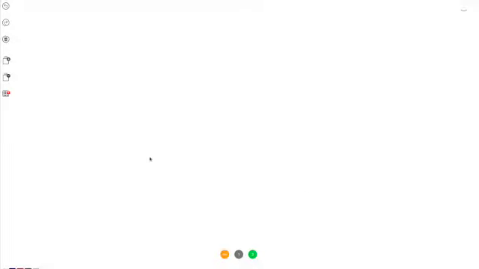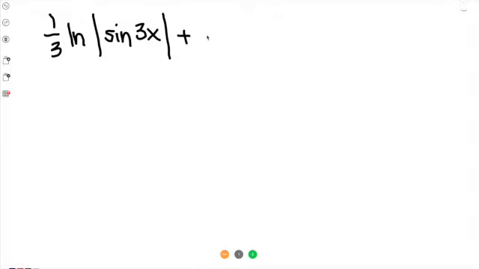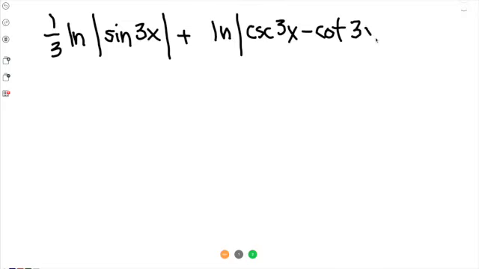So now writing the answer, we have 1/3 from the first integral, ln of the absolute value of sine 3x, plus the ln of cosecant 3x minus cotangent 3x, plus c. So this would be our answer.